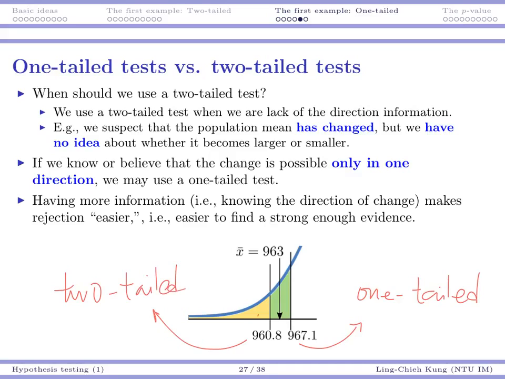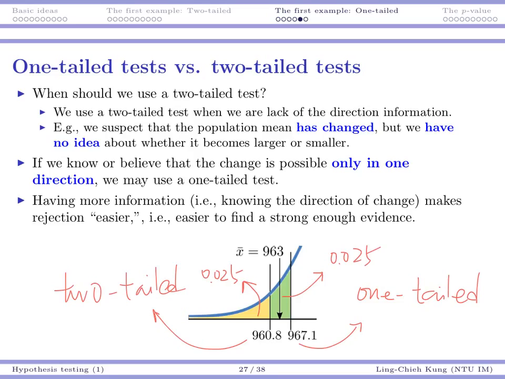The yellow part is 2.5% and the green part is the other 2.5%. So not very surprisingly, it's possible that our sample mean is not strong enough for a two-tailed test, but it is strong enough for a one-tailed test.